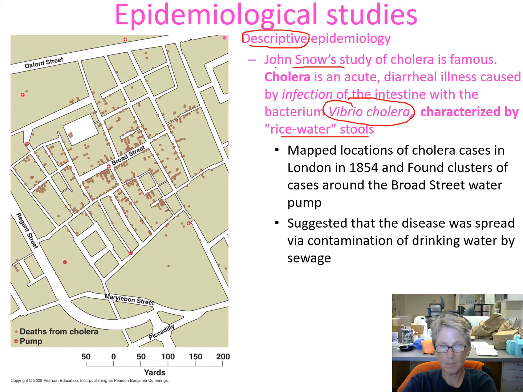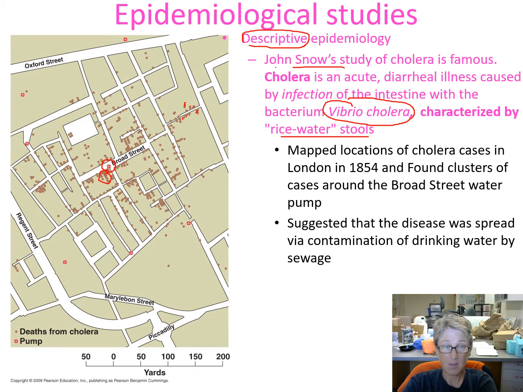Anyway, John Snow, I think he was a physician. But anyway, he made this map, and he mapped all the cases of cholera in London in 1854. Gosh, he was an epidemiologist. He's mapping all these cases. And he found clusters of these cases, for example here, around this pump called the Broad Street water pump.